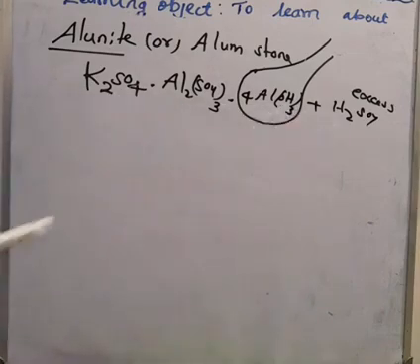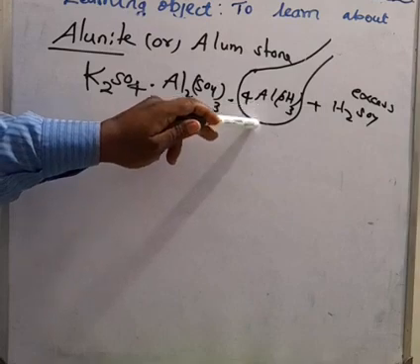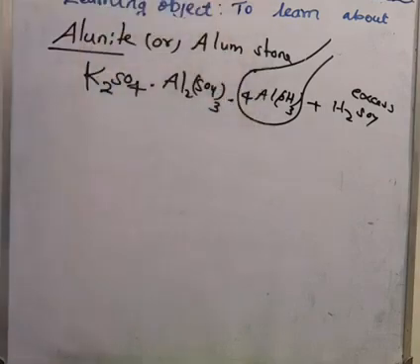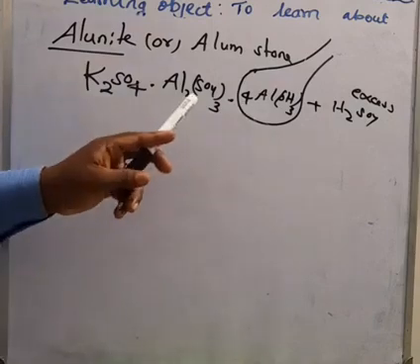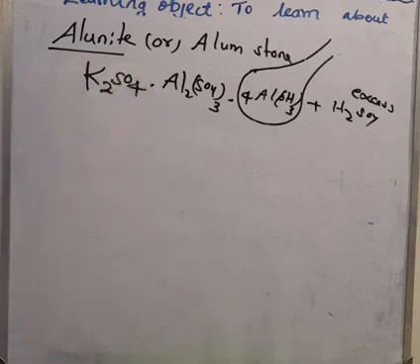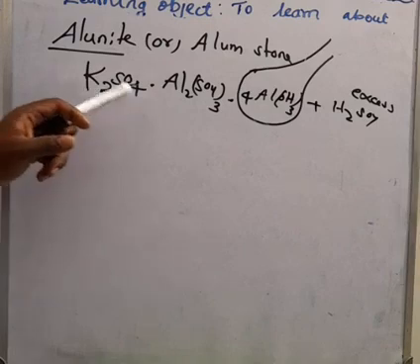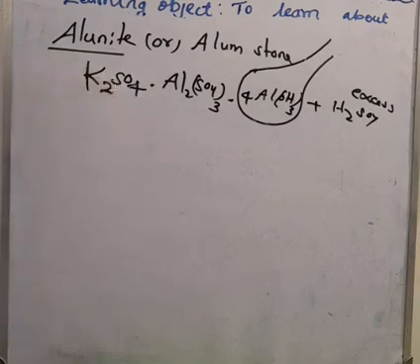The aluminium hydroxide part, that is the Al(OH)3 part, is converted into Al2(SO4)3. A calculated quantity of potassium sulfate we are adding. Then the solution is crystallized to get potash alum.